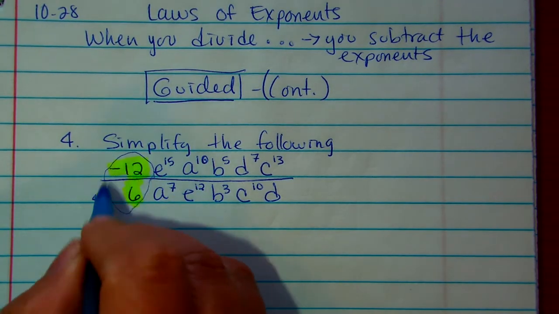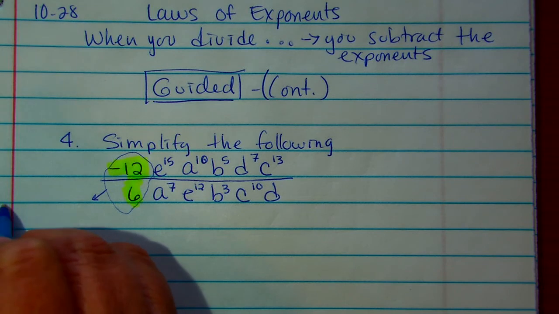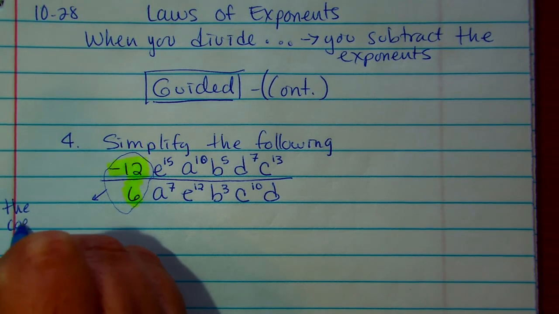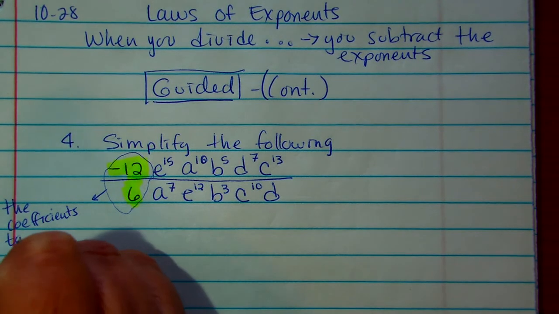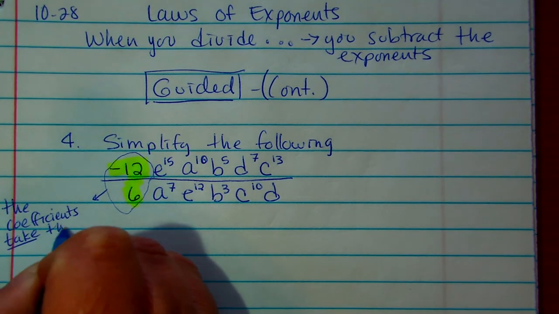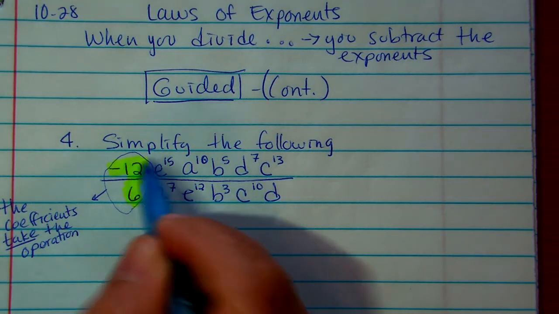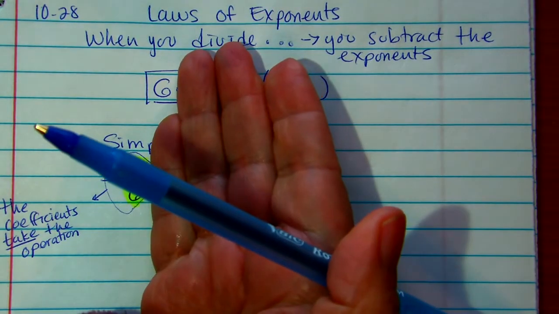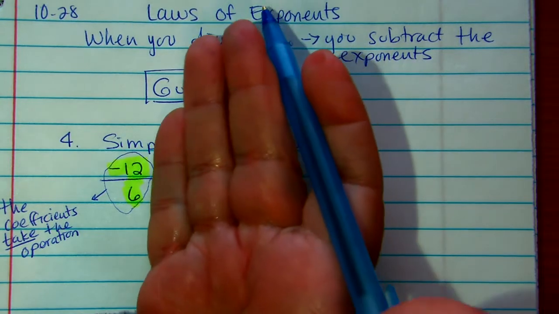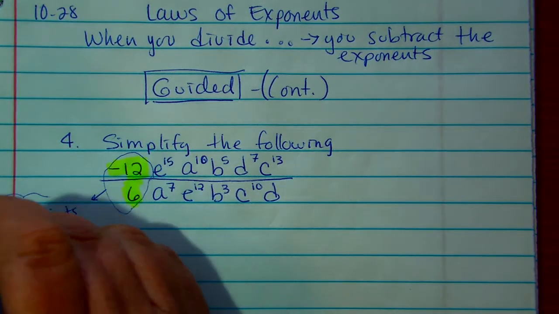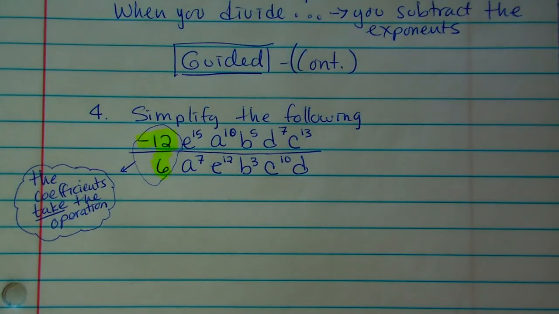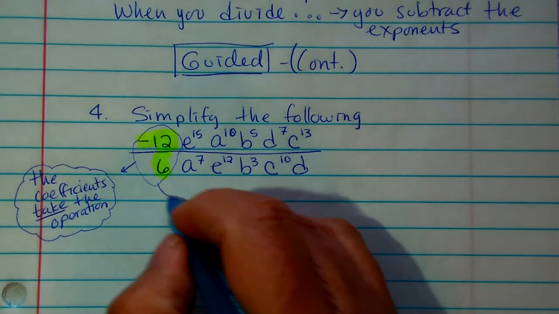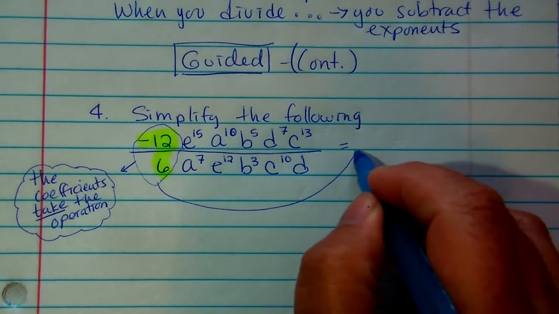This is what happens: the coefficients take the operation, okay? These are just regular numbers. If the letters were not there, it means that you have to divide negative 12 by 6, okay? So make this note right there. It means that we're going to get an answer from here and put it right here.